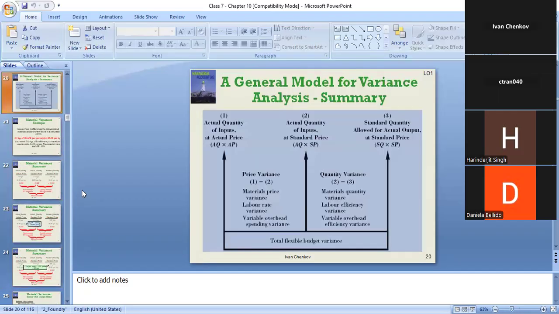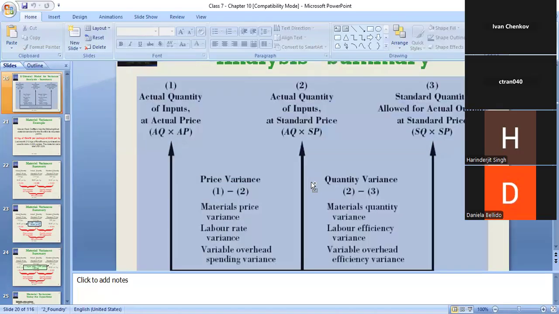Now let's start with the questions. The last thing that I have to tell you is, for direct material, we're going to have a material price variance. For the labor, we're not measuring the labor by price, we're measuring labor per rate.